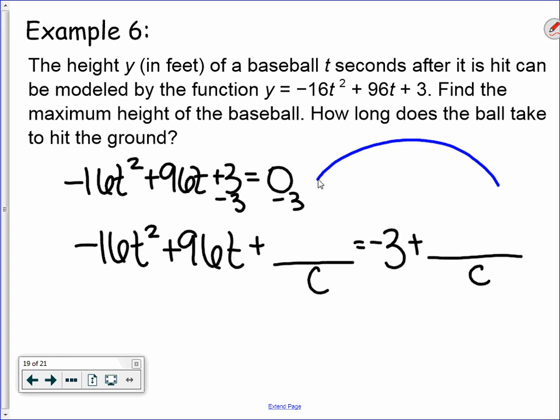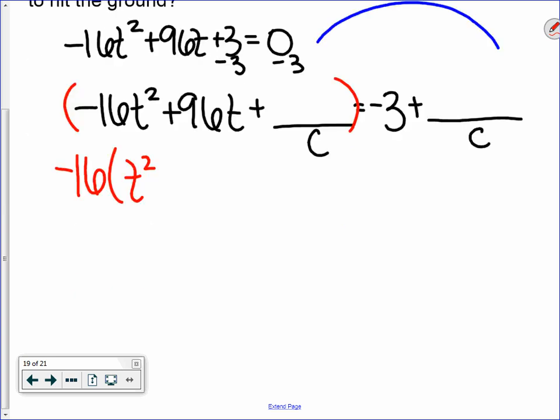So if we were to factor this negative 16 out, we can factor it out of this whole thing. We want to factor negative 16 out. So that will leave us with t squared, 96 divided by negative 16 is negative 6, we still have plus our c, and we're going to leave those parentheses like that.